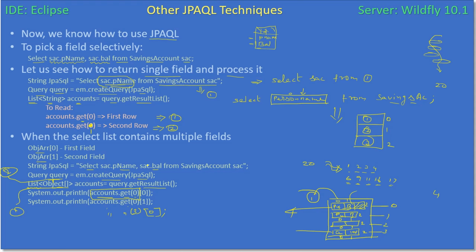Here there are multiple fields, so we should go with the object array, and a list if it returns multiple rows, just like what we explained here. Okay, here accounts is a list, all the stuff already explained.